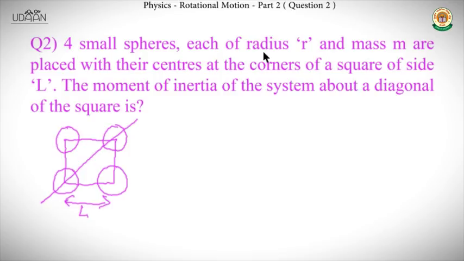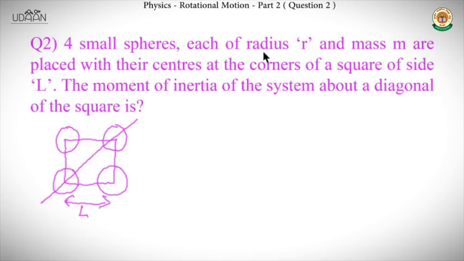Now here, as we can see in the sketch, the square has been drawn, the 4 spheres have been drawn. Now we'll try to find out the moment of inertia of this entire body. Here again we'll use the parallel axis theorem, but here we can see we have 4 different bodies, and once again we'll concentrate on the concept that moment of inertia is a scalar quantity.